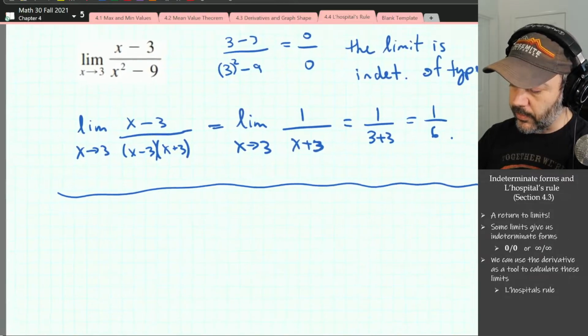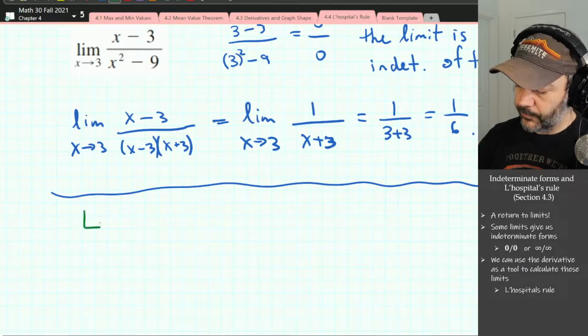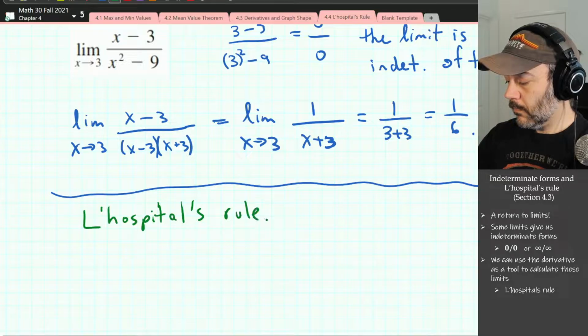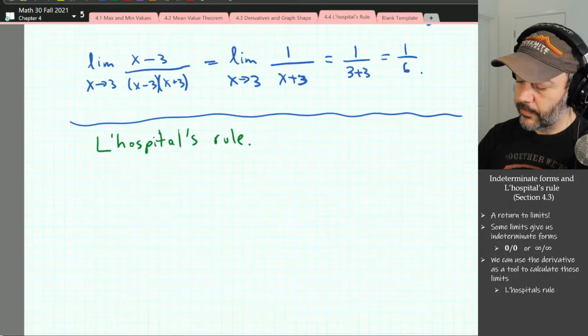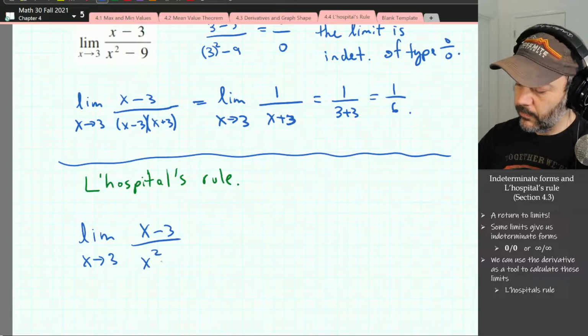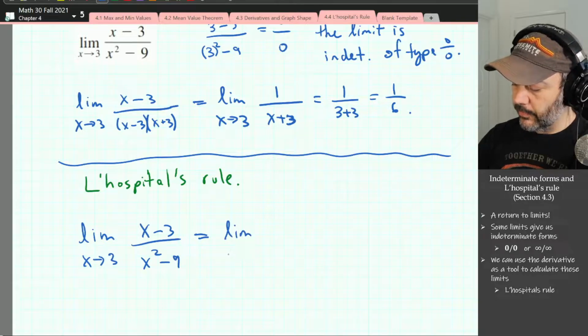So L'Hopital's rule says that we can replace the original limit with the limit of the derivatives of the numerator and denominator.